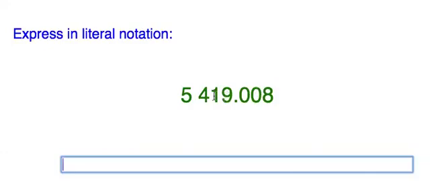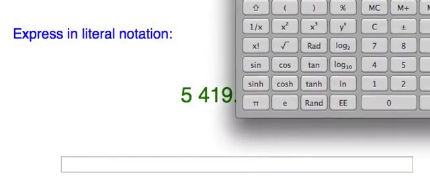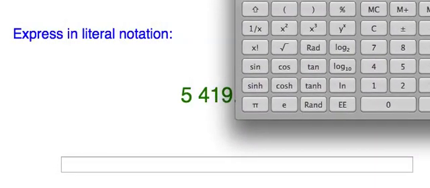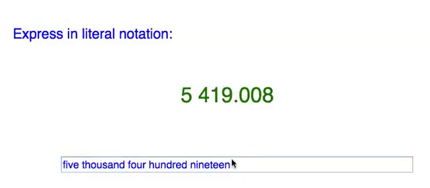All right, let's do a couple more questions. So here we have, I'm going to do the same trick. I'm going to cover up the decimal and anything that comes after it. So we have 5,419. Because we have a whole number part and a fractional part, we're going to read the decimal as "and."